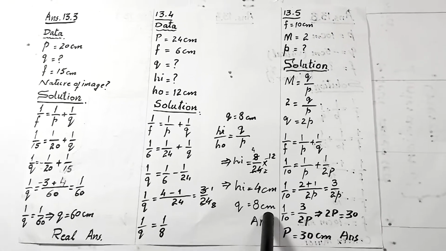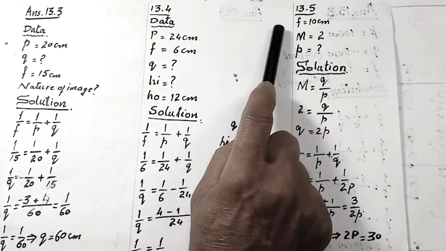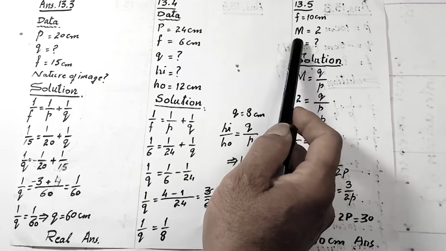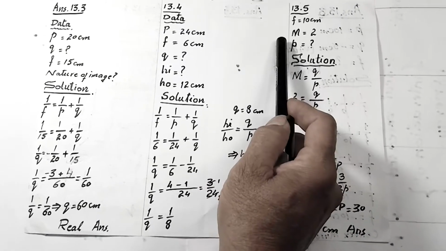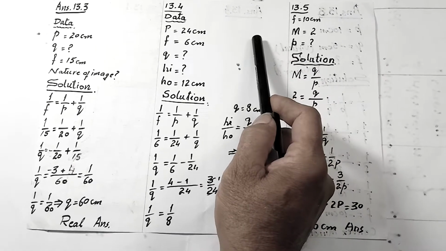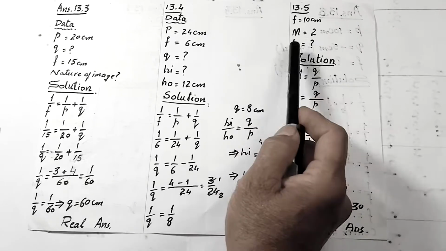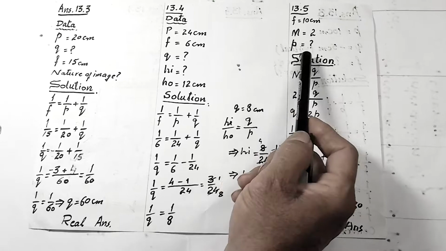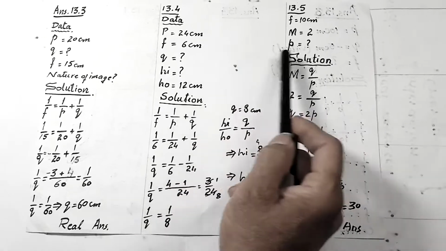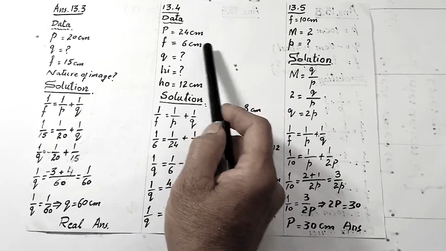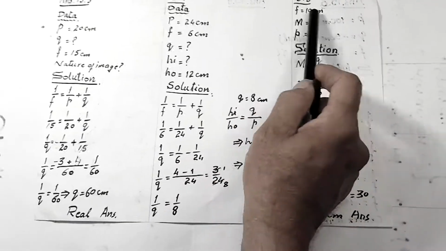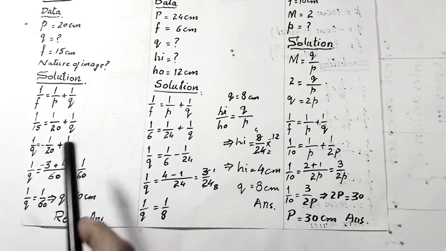Next, numerical number 5. F, focal length, is given, which is 10 centimeter, and the magnification of the image, denoted by capital M, is 2. You have to find out the position of the object where it should be placed to get a twice magnified image.